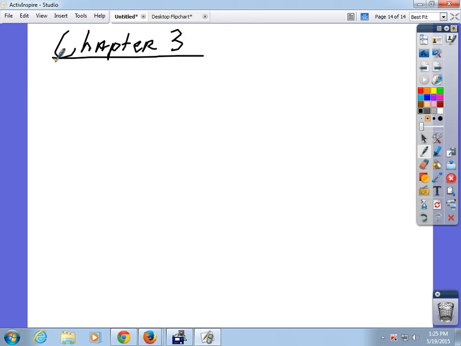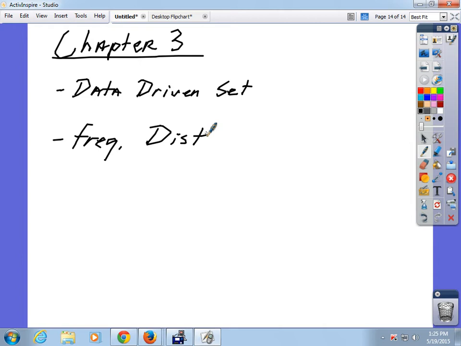It revolves around the data-driven set, the frequency distribution, and z-scores.